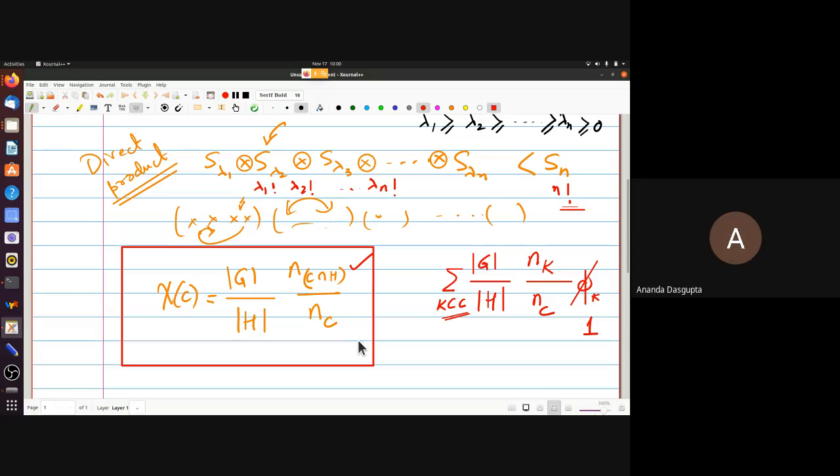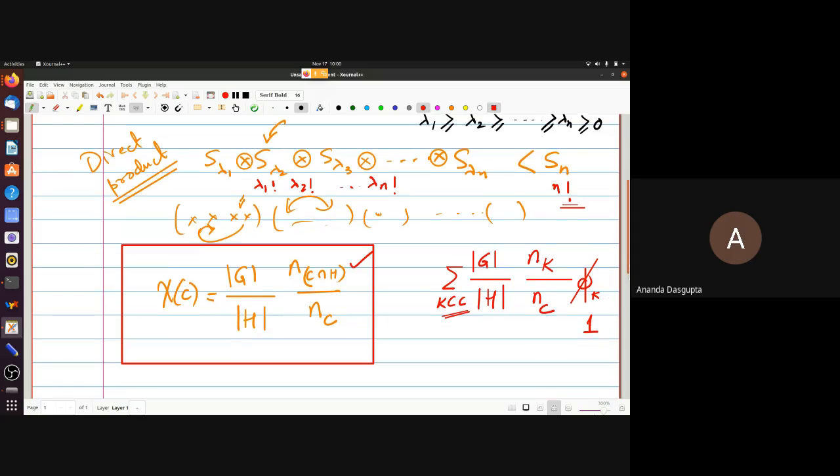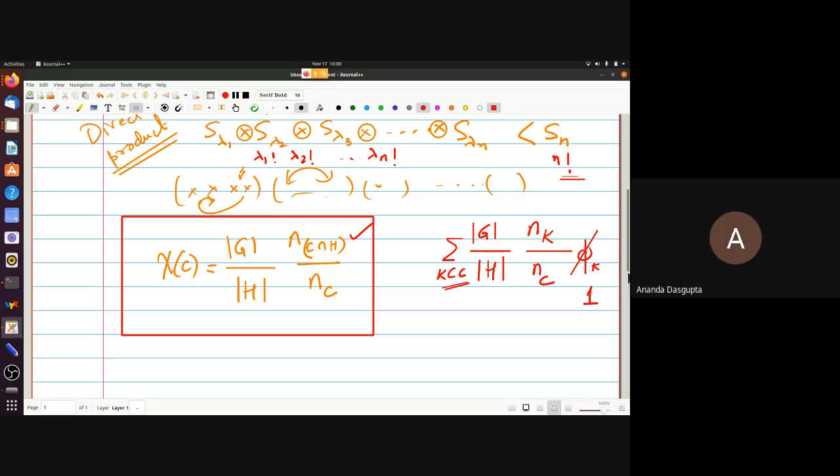No, sir. Okay. So this is a simpler version of the general formula that we had. The general formula talked about any character or any representation on any irrep of H. This is the simpler version we get just by exploiting the identity representation of H. Now, in the previous example that we talked about, when we were trying to figure out S4 from S3, what we saw was that the identity representation gave us one compound character.